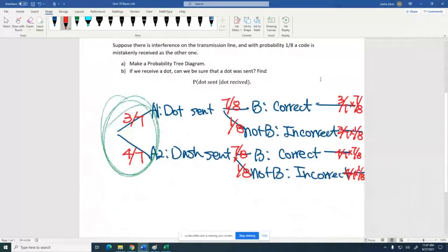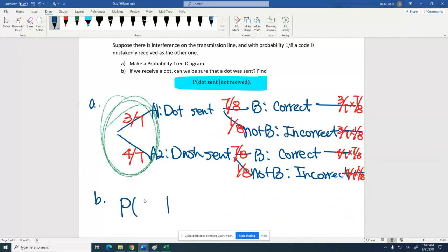Then what do I need? Part A is done. In part B, we need the probability that if we received dot, dot was sent, that is, we received correctly. Can you interpret the question?